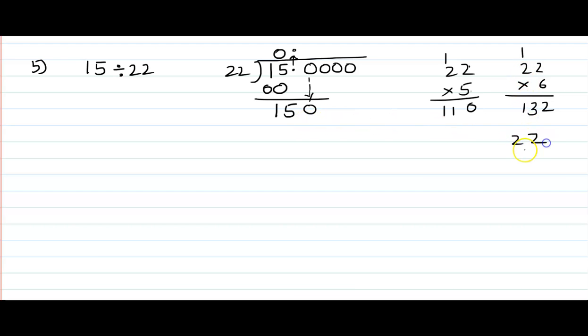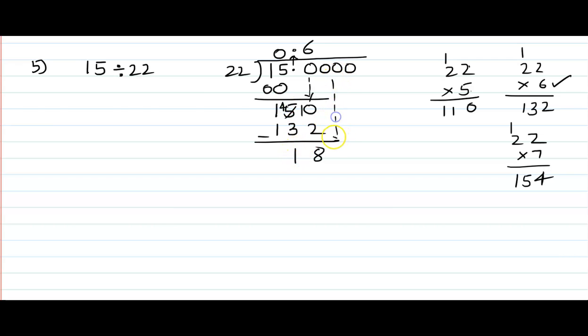Let's try 22 times 7. 7 times 2 is 14, carry 1. 7 times 2 is 14 and 1 is 15, 154. So 154 is more, so we are going for 6. So 22 times 6 is 132. Now 10 take away 2 is 8. 4 take away 3 is 1.